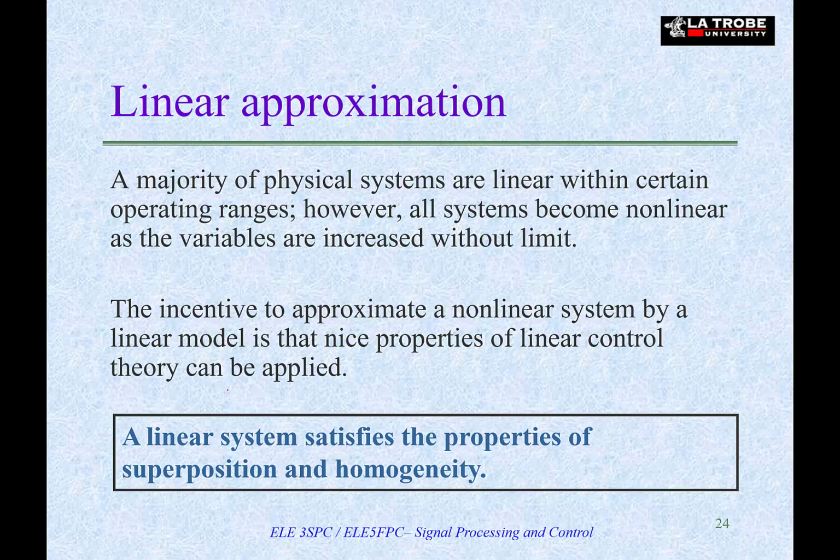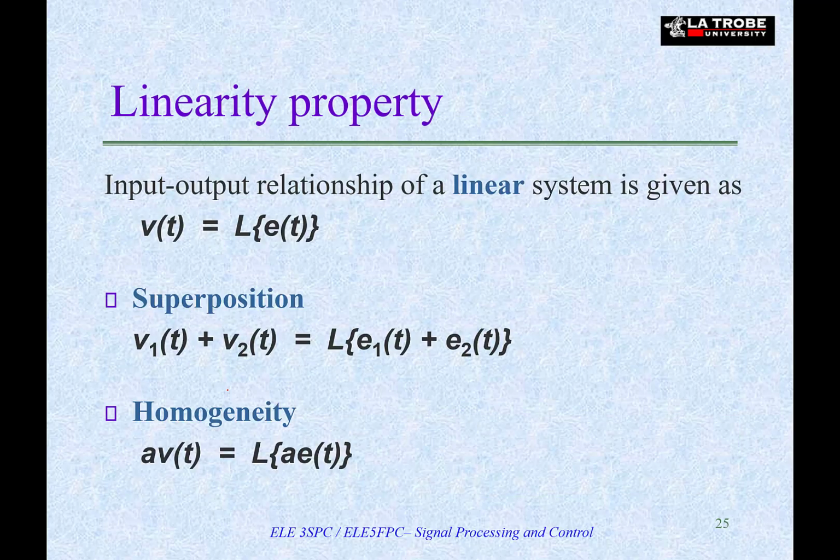So these two properties belong to linear systems only. They are very powerful. Now first look at the superposition law. Let's say the system input is E(t) and the output of the system subject to the input E(t) is V(t), and the relationship between E(t) and V(t) is given by this linear function L. So what is the superposition law?